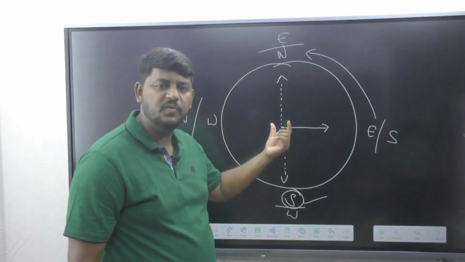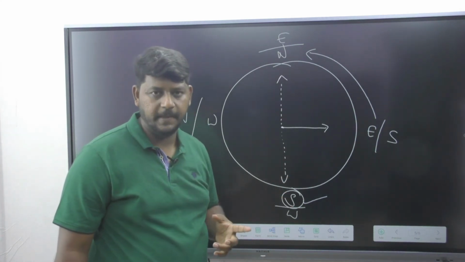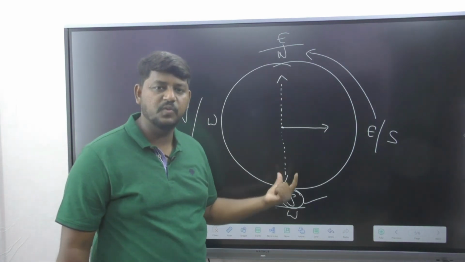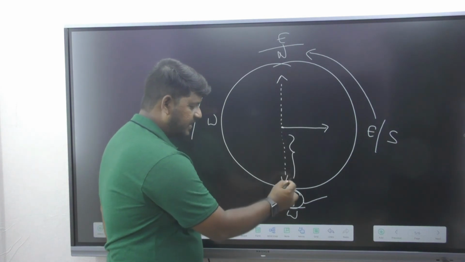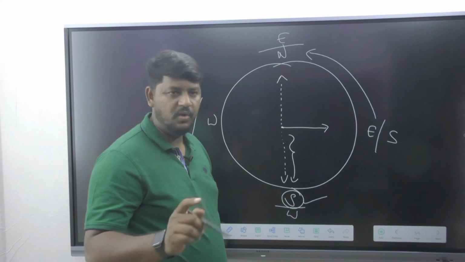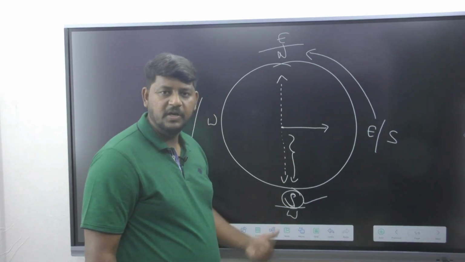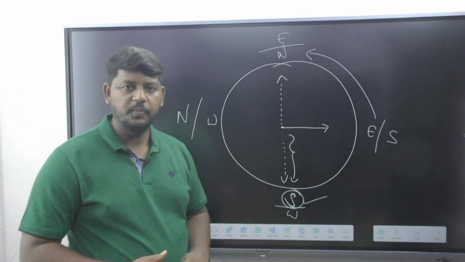As per the damaged compass, a person is moving towards the west direction. I know this is the west direction as per the damaged compass, but where did he actually go? Where is he actually going? Keep that in your mind. So my answer becomes what? South is my answer. I hope you understood this.